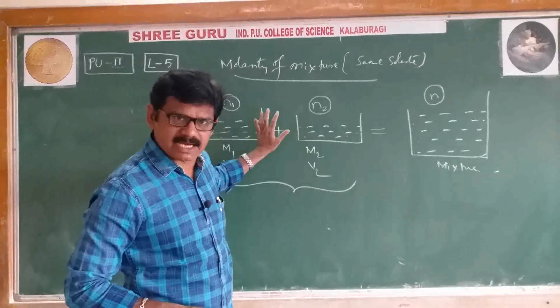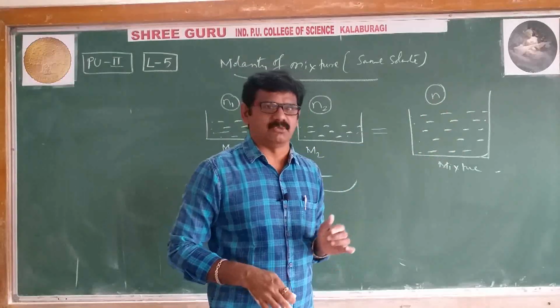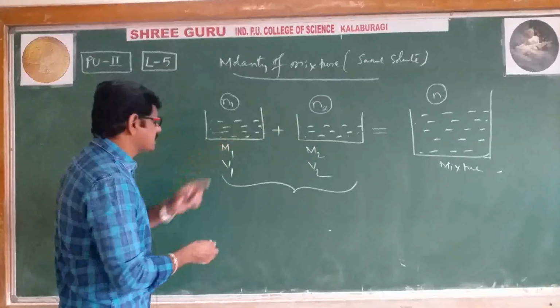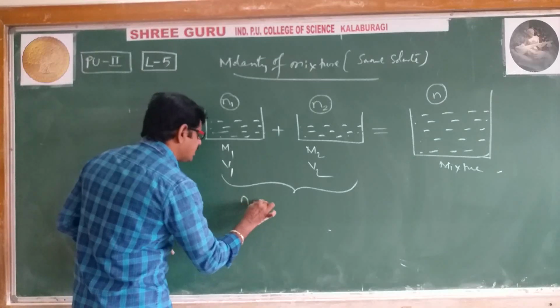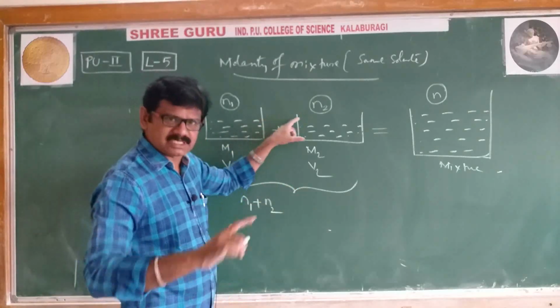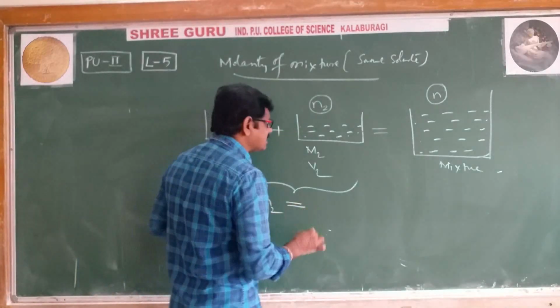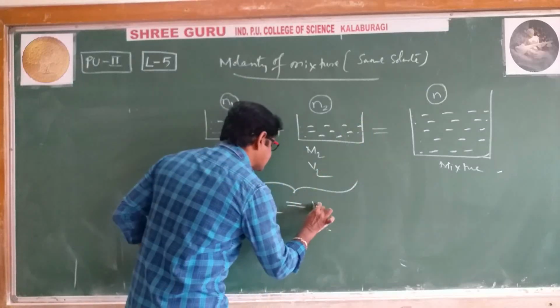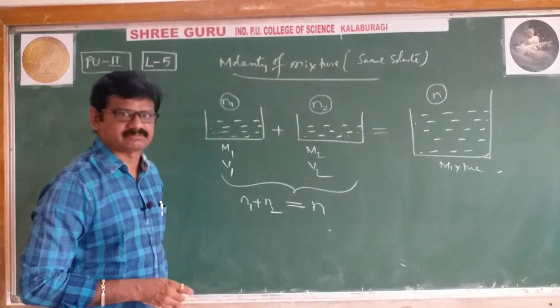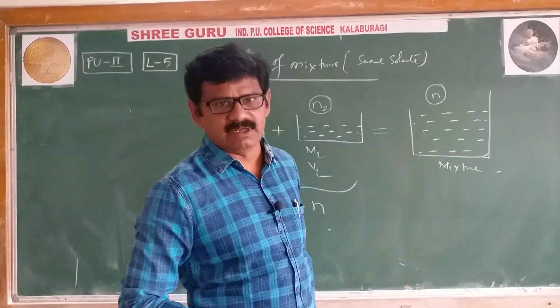Before mixing, the number of moles is nothing but N1 plus N2, the sum of the moles, and that is equal to the number of moles after mixing. After mixing, the number of moles will be the same.